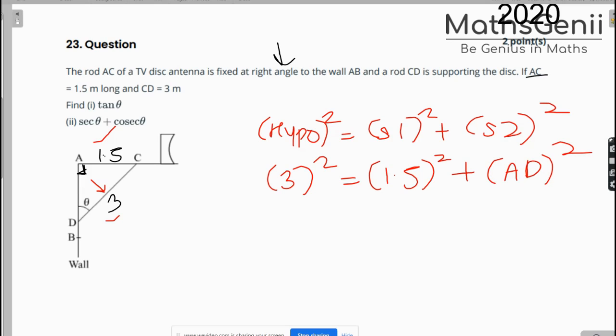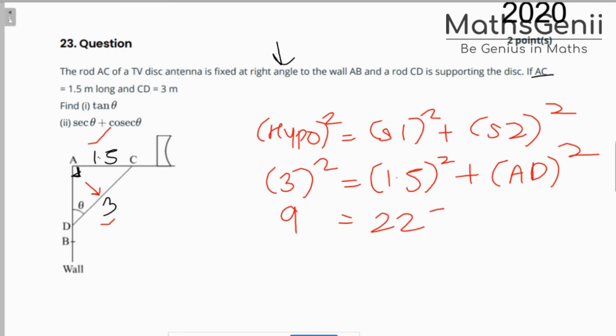Now 3 square is 9, correct? 1.5 square is 225, but here you have a point and here you have square, so two decimal points. So the decimal point will come here, 2.25. So 1.5 square is 2.25 plus AD square, correct?